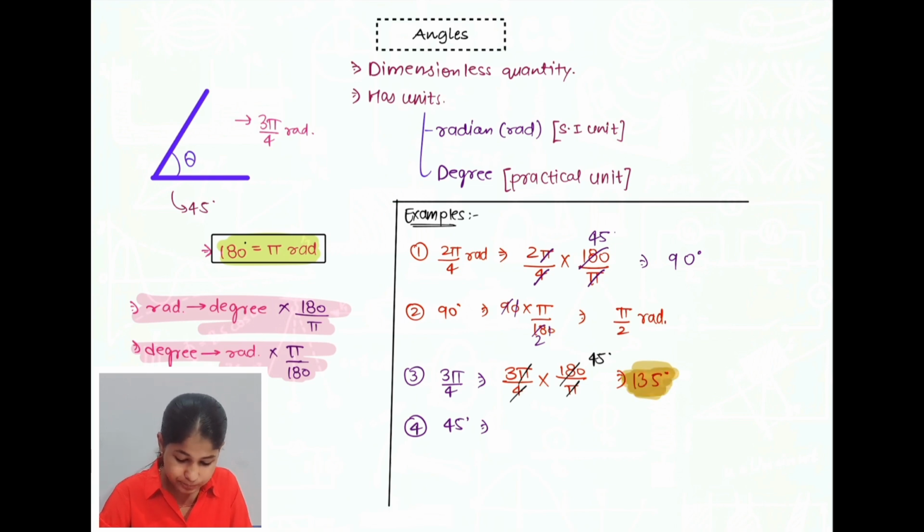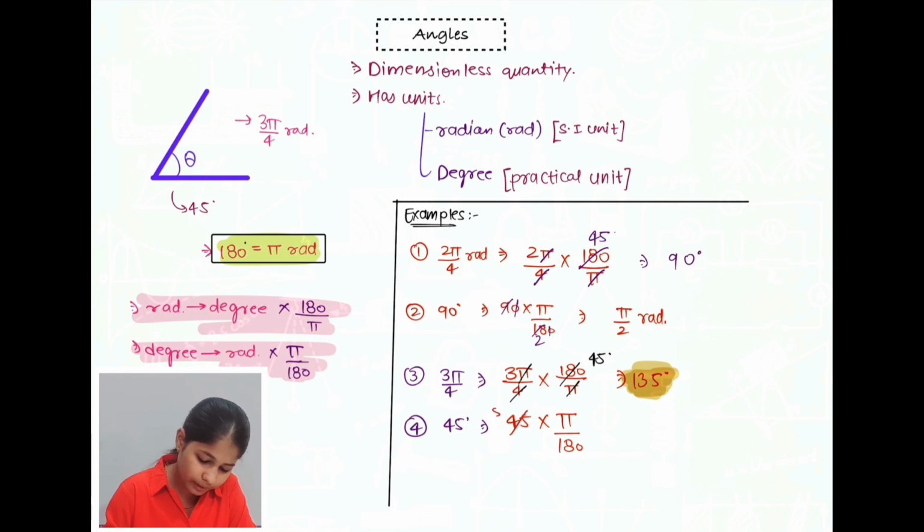You can check also. Now, our next question is 45 degrees, which you have to convert into radians. Kindly remember the formula for converting degrees into radians. It is also written here that you have to multiply it with pi upon 180 degrees. It is simply the opposite. So 45 into pi upon 180.